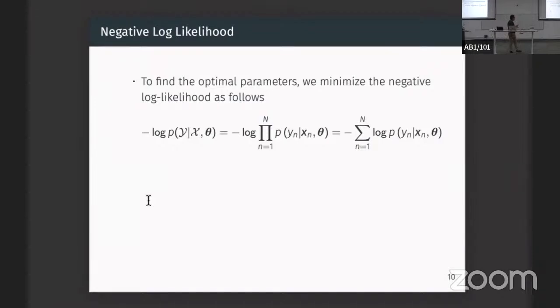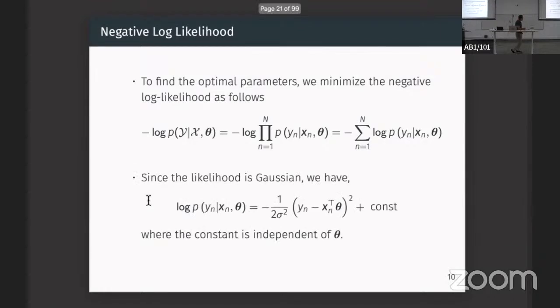So minus log of the likelihood: the advantage we are also getting is that the product of these terms gets converted to summations, right? So minus summation of log probability, log PDF of a single point, right? So that's what we can say. And since we're using a Gaussian or normal likelihood, we can write the logarithm of it, so we've seen this particular form, right?